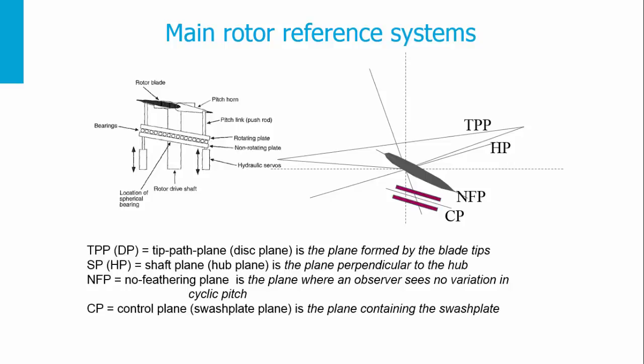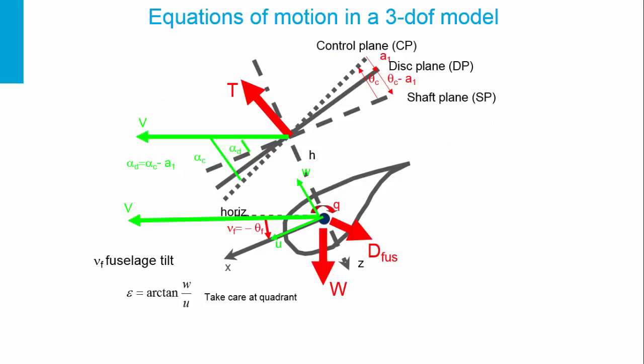And we have the control plane, which is the plane containing the swash plate. So, assuming the body system of reference parallel with one of these planes, it will result in a certain helicopter motion in that system of reference.